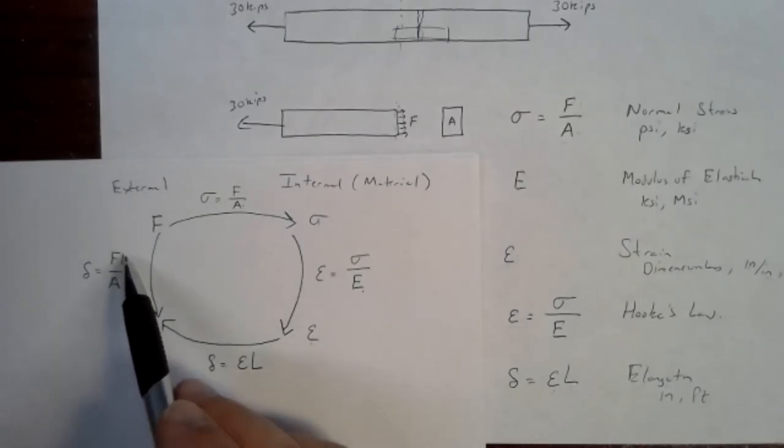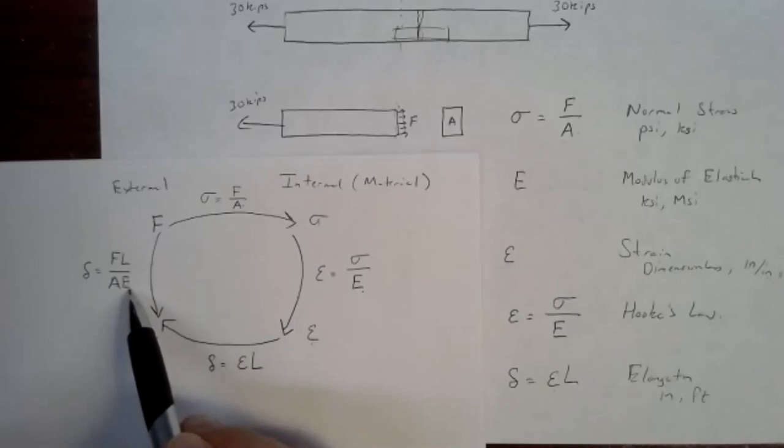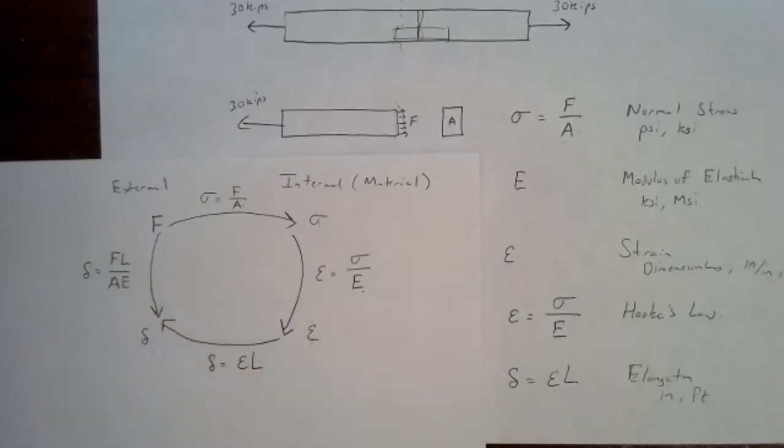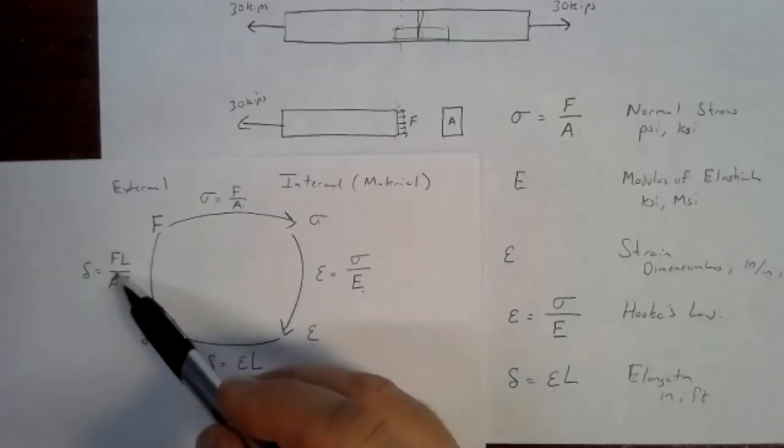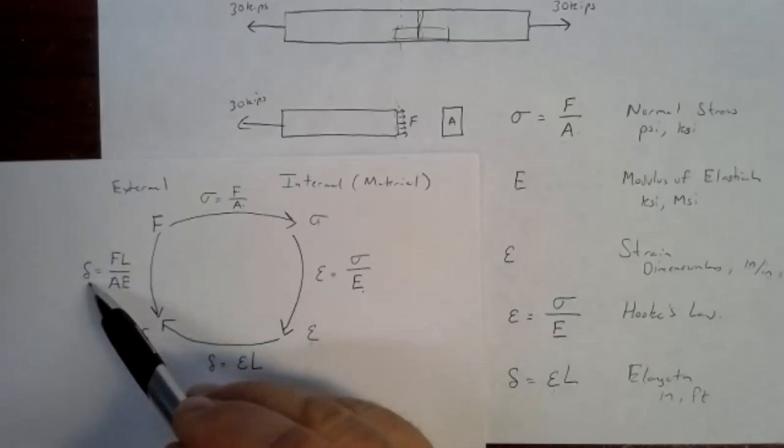Geometry, the length and the area, and material are both in here. E is always about the material, whether it's aluminum or titanium or steel or southern yellow pine. Area and length, those are dimensional factors. Those are things we could measure about the geometry. So it's geometry and material that turns force into elongation.